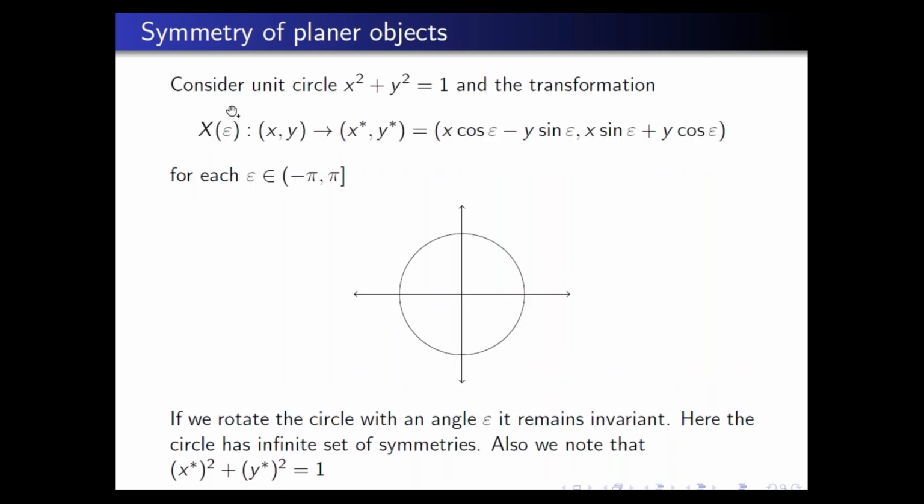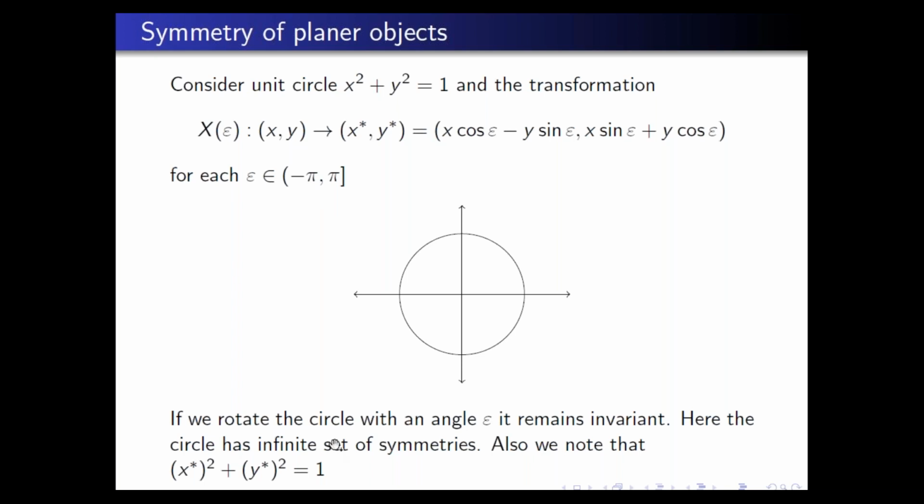Now, consider the unit circle x² + y² = 1 and the transformation with parameter epsilon, which takes the point (x, y) to the point (x*, y*), where x* is given by x cos ε − y sin ε, and y* is x sin ε + y cos ε, for each ε belonging to −π to π.